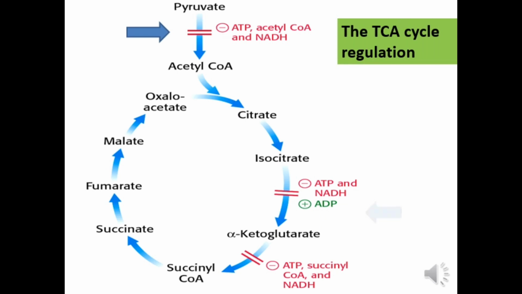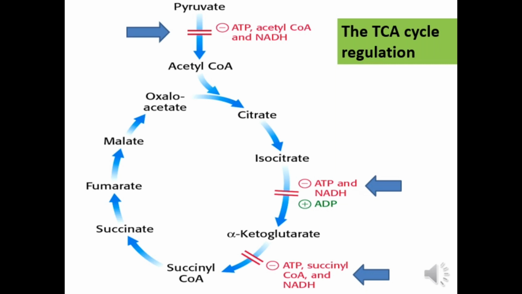The enzyme which converts isocitrate into alpha-ketoglutarate is known as isocitrate dehydrogenase. This is inhibited by ATP and NADH and activated by ADP. The reaction which converts alpha-ketoglutarate into succinyl-CoA is catalyzed by alpha-ketoglutarate dehydrogenase complex.